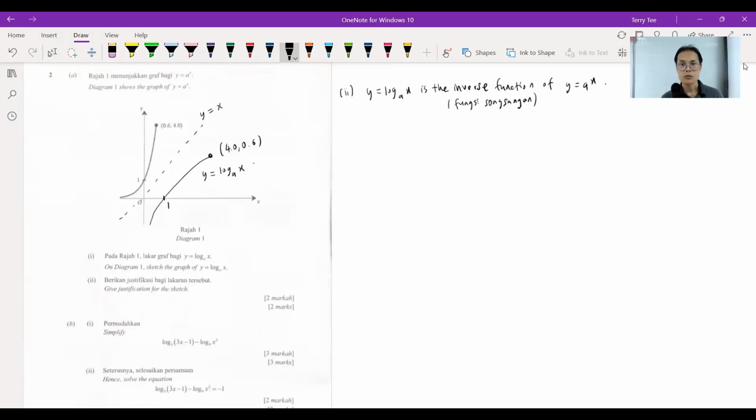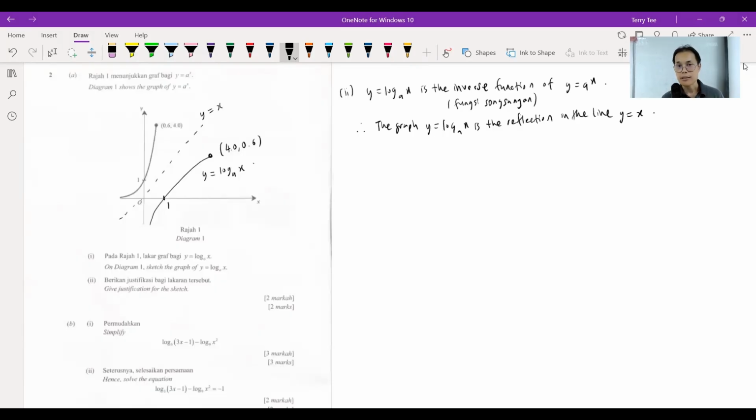All right. So now, not only that, you must say, therefore, the graph of y equals log a x is the reflection in the line y equals x, right?